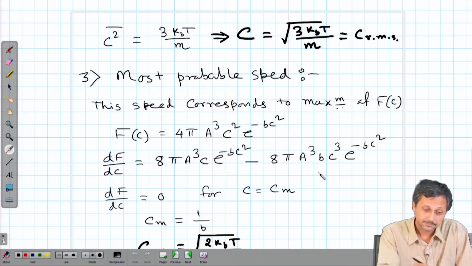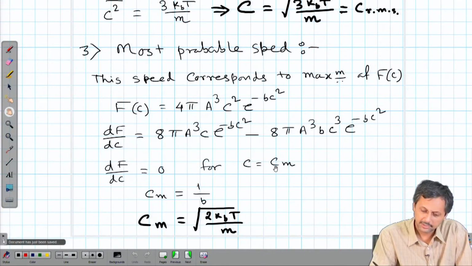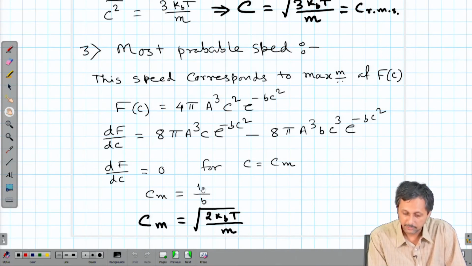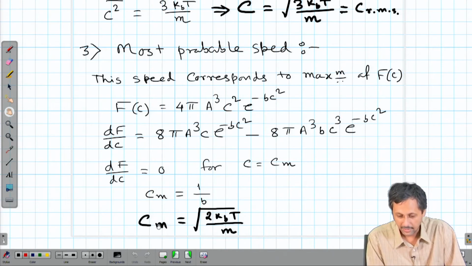Finally, after some simplification, of course putting the value of b here, we get Cm is equal to 1 by root b, and this is nothing but root over 2 kBT by m.